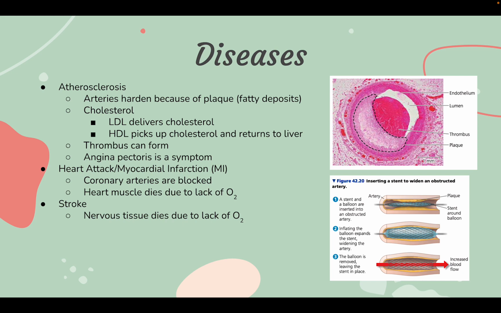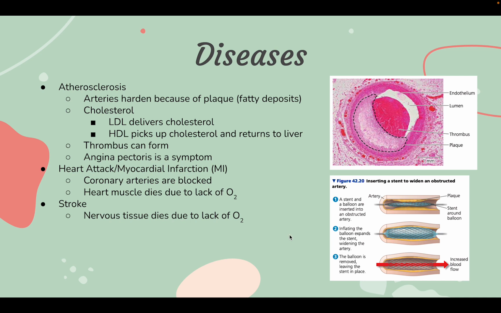And basically, with atherosclerosis, a thrombus can form. A thrombus is just a chunk that can move in your blood and block different blood vessels. So it's very bad. And then angina pectoris, which is just chest pain, is a symptom of atherosclerosis because basically parts of your heart aren't getting enough blood.